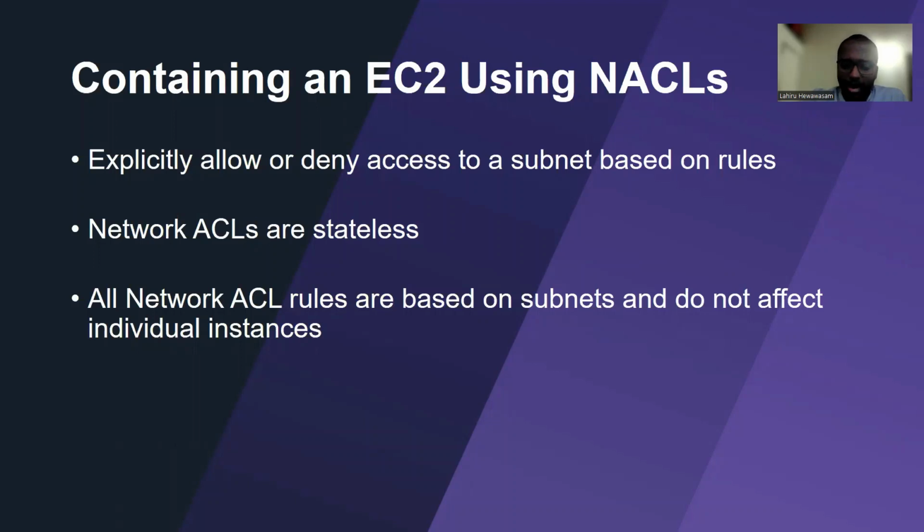So when you have a stateless connection, the network ACL will not account for the response that is made, right? So you have to add the necessary rules to account for that. Okay. And like I said, you need to pay attention when you're using network ACLs to isolate instances, because it might inadvertently cut off access to an entire subnet.